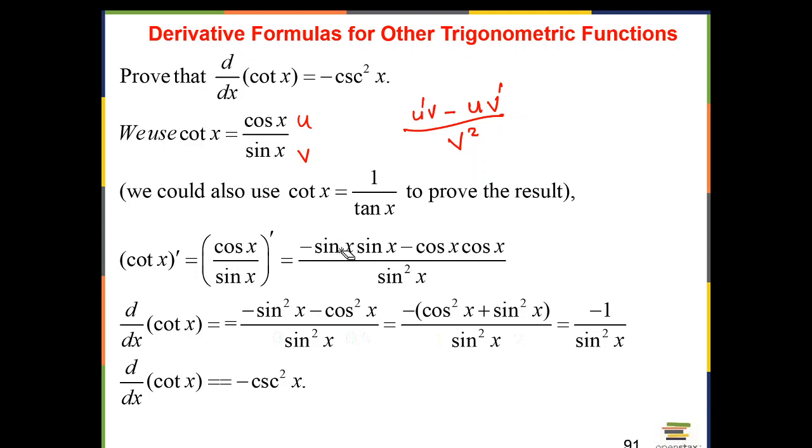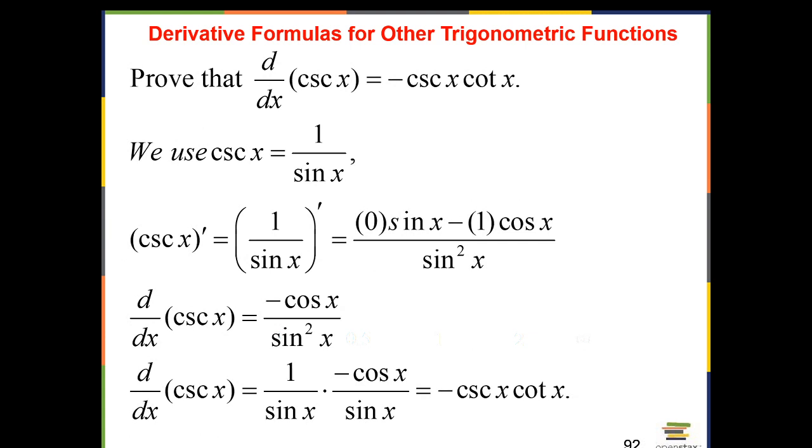So here goes u prime v. u is cosine, so u prime is negative sine x, times v, which is sine, minus u, which is cosine, times v prime, which is the derivative of sine, which is cosine, divided by v squared. Now this is negative sine squared minus cosine squared, which, if you factor the negative out, is negative cosine squared plus sine squared. And sine squared plus cosine squared is 1, so that's negative 1 over sine squared, which is negative cosecant squared. So that's the proof of it. All right?